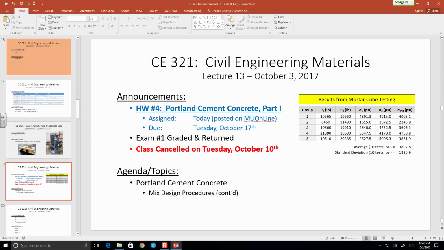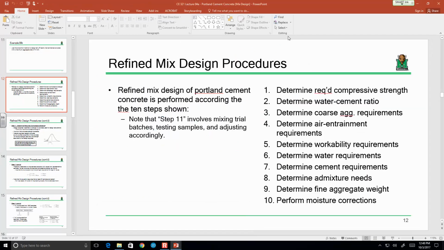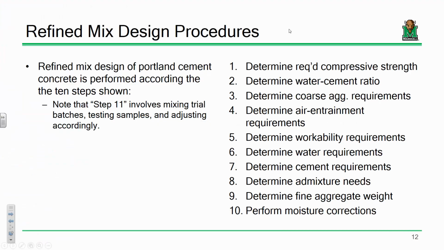Let's get back into the world of concrete mix design. I'm going to go through the first 3 steps a little fast because we've already talked about that in the previous lecture. Just to recap where we're at: we are going to be discussing a refined mix design procedure that uses volumetric approaches to determine proportions for a given batch of concrete.